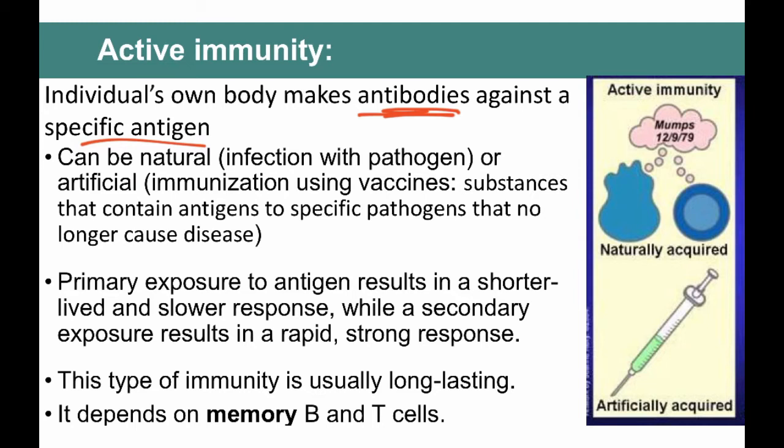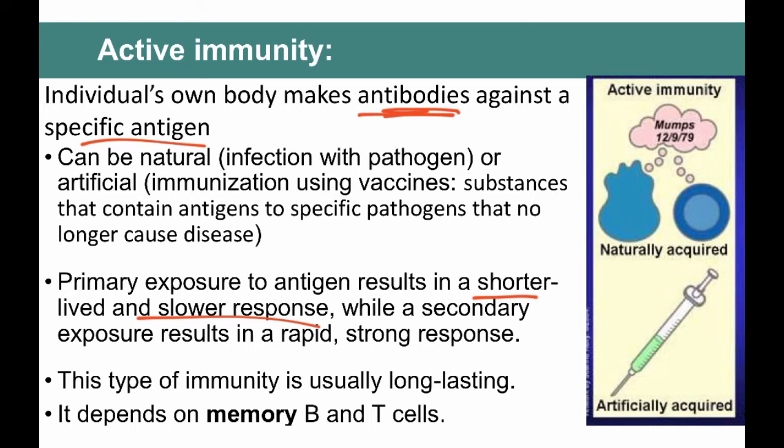So underlying active immunity, whether it's natural or artificial, is an initial exposure to an antigen that results in a fairly short and fairly slow response, but with a secondary response that's quite rapid and quite strong.